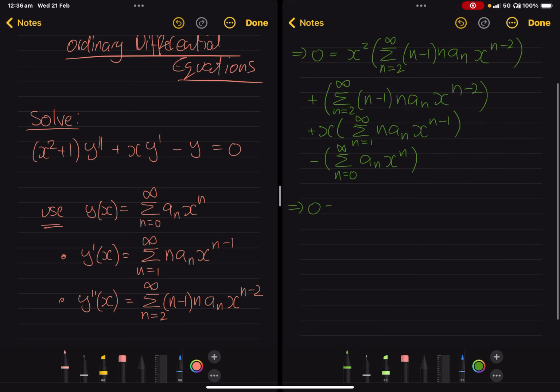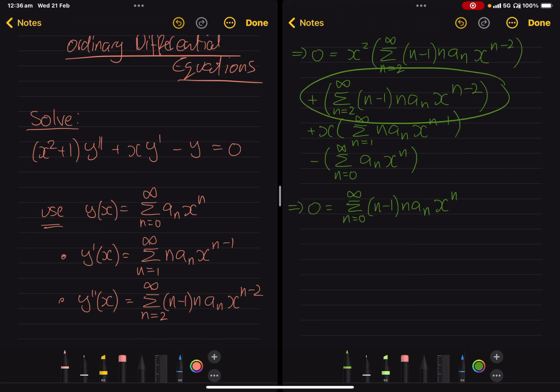So this implies that 0 is equal to the first one becoming the sum from n equals 0 to infinity of (n minus 1) times n times a_n times x to the n. The second one, this one here, is going to be our problem one. We will have to shift it. But these two down the bottom will not be a problem, so we'll do these first and then we'll shift this one.